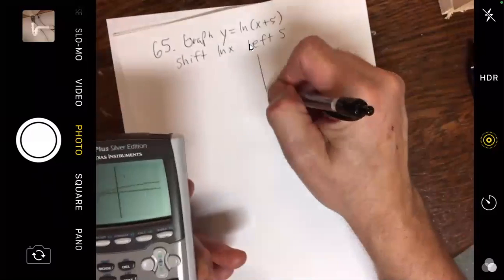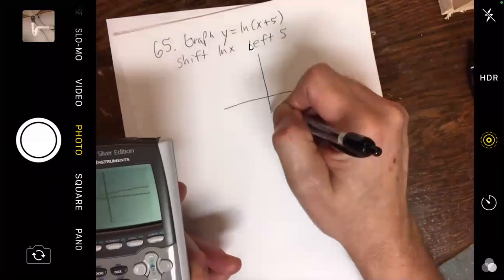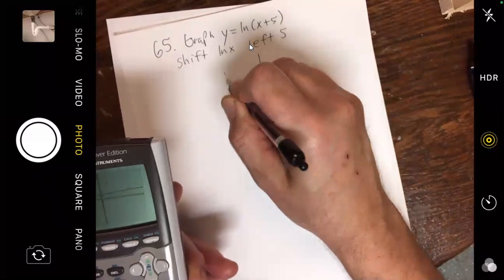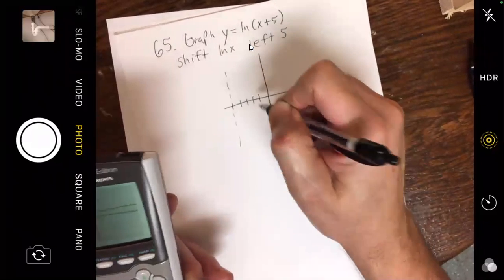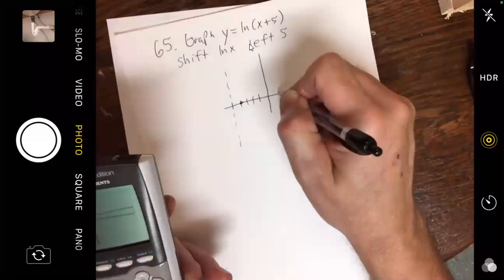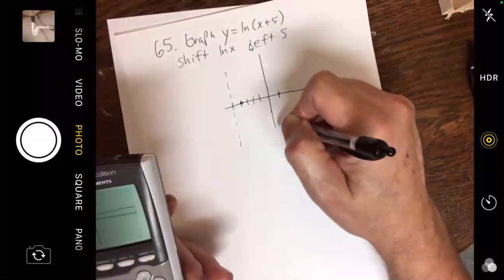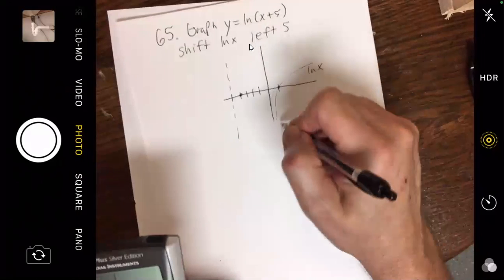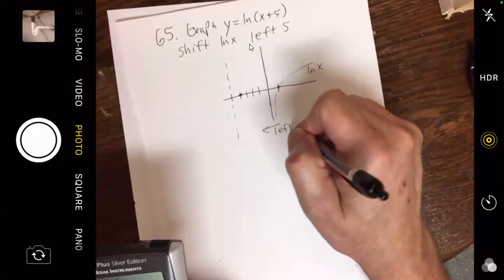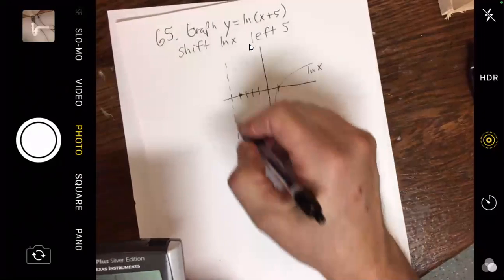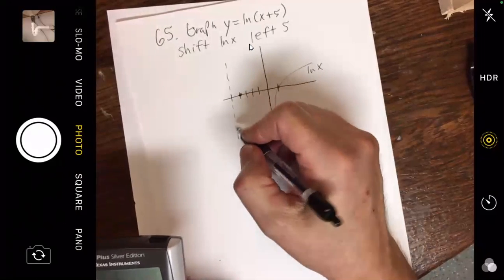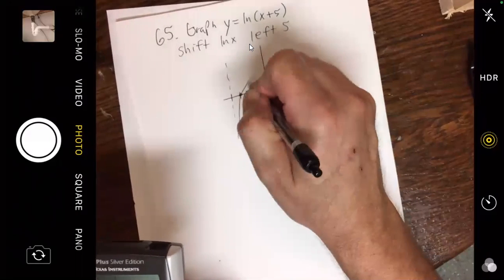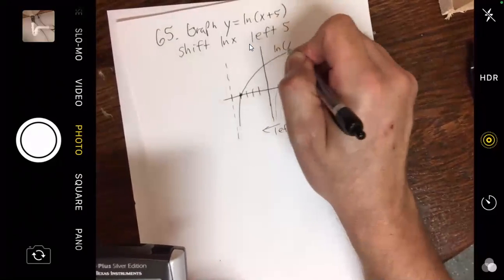So yes, it has been shifted left 5, and it's going to cross the axis at negative 4. Remember, straight log did this. So the vertical asymptote went to x equals negative 5. Your x-intercept went to negative 4.